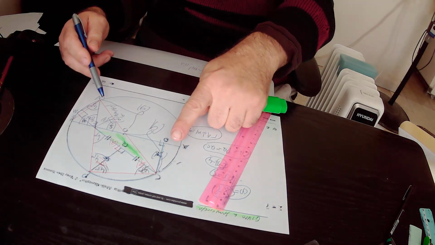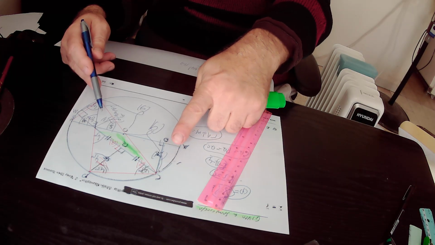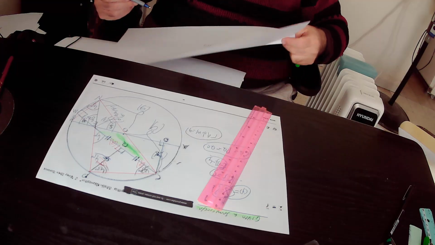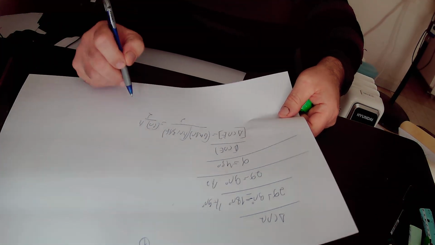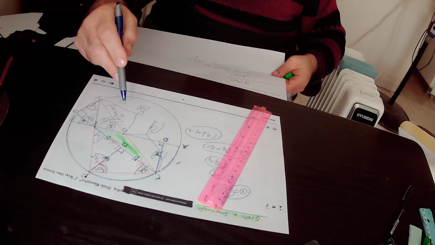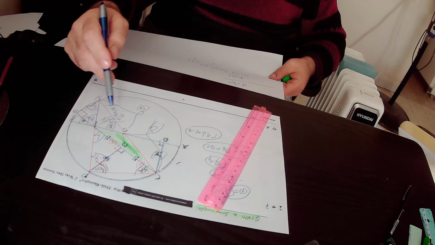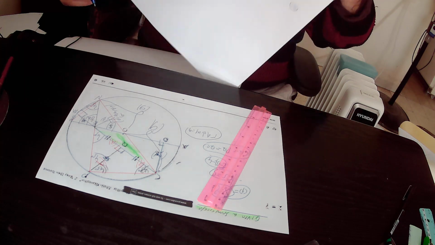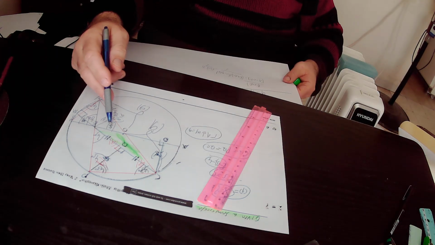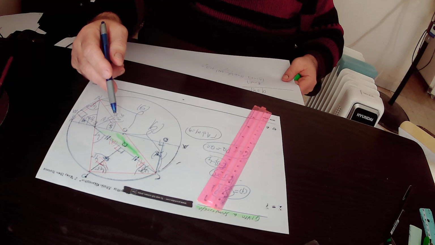So the height to the base is h over 2. So in total, we found out that the area of this green triangle COE equals the base CO times the height to the extended base, that is h over 2.